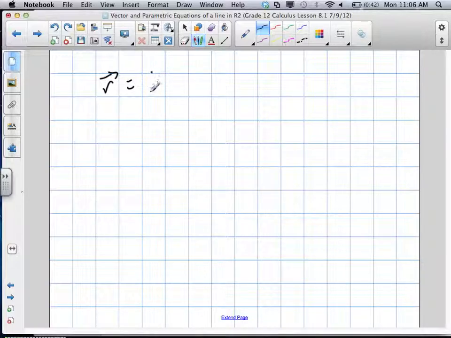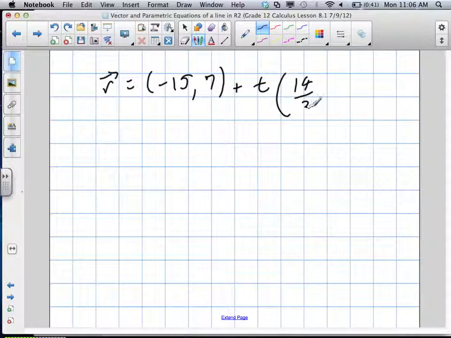Vector r equals negative 15 and 7 plus t times 14 over 3 and 4. Okay, so we're asking about this question here.